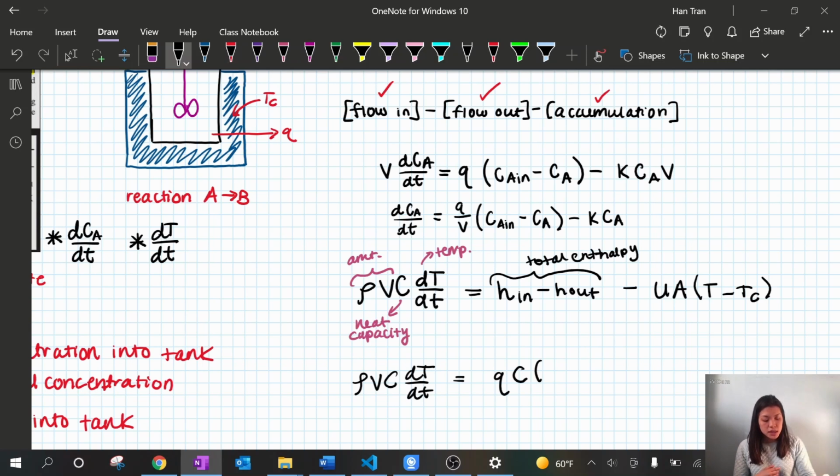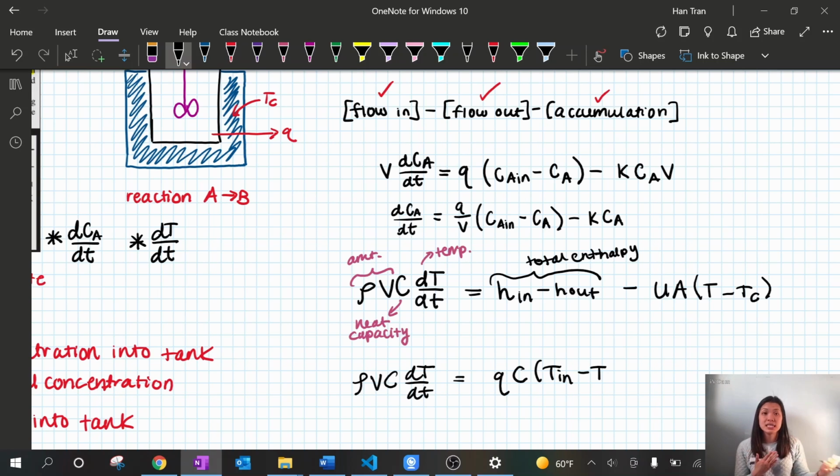Since the flow rate and the heat capacity are constant for both in and out of the tank, we can take those out and keep them constant, but the temperature into the tank and out of the tank is not constant. So we have to have it as a difference of in and out: the temperature of the flow going in, so that's going to be temperature in, minus the temperature of the flow going out, that's going to be just the temperature inside the tank.